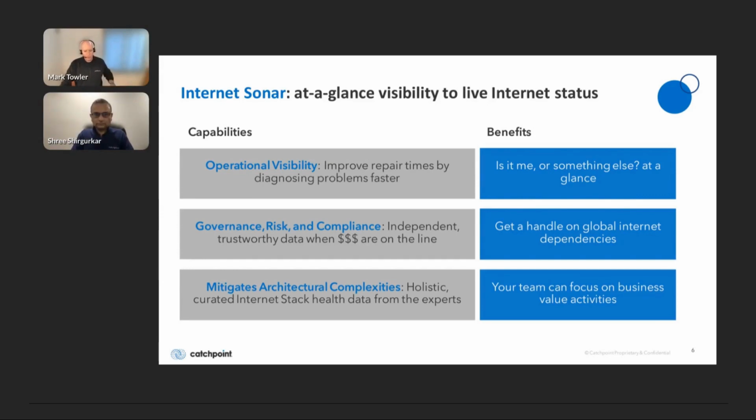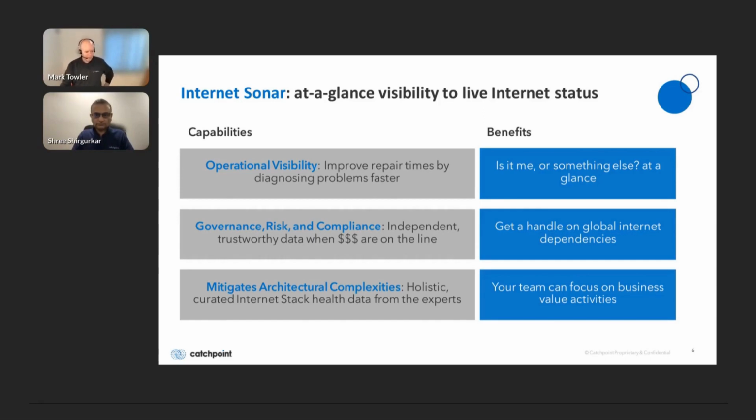As well, we haven't really gone into detail, but we could spend all day talking about how the internet is your new network. The internet is tremendously complex. The internet stack that we showed earlier is literally changing by the minute, and you end up with these tremendous architectural complexities. Well, we can mitigate that with Internet Sonar, because it's going to provide curated data.